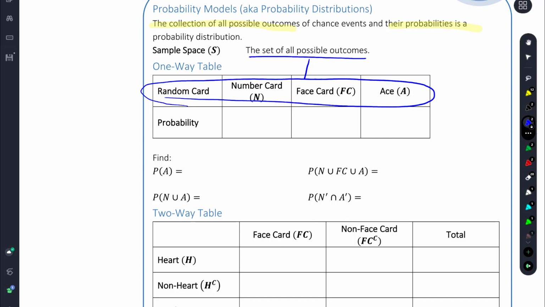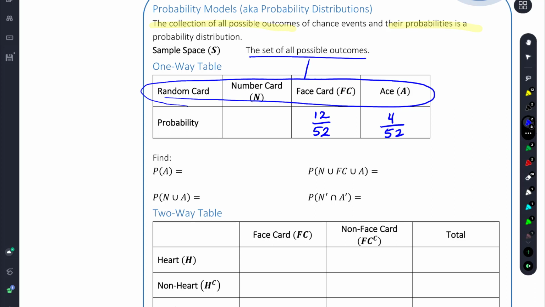So let's try and find the probability of each of these and examine some things about the sample space. First off, probability of getting an ace, that's pretty easy. We know that there are 4 of every type of card, so that's 4 out of 52. Now, for the face cards, we answered that question earlier on, and we know that there are only 12 face cards in total out of 52. Okay? And then finally, our number cards.